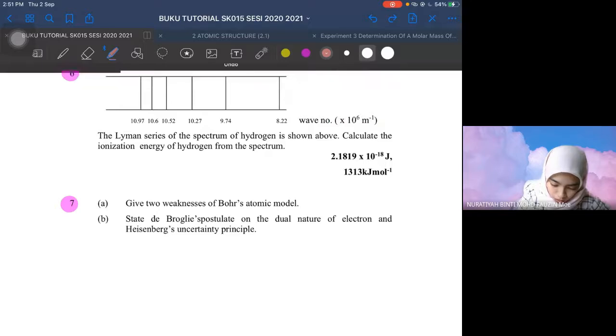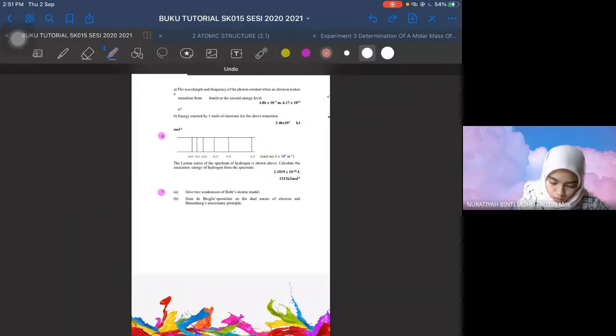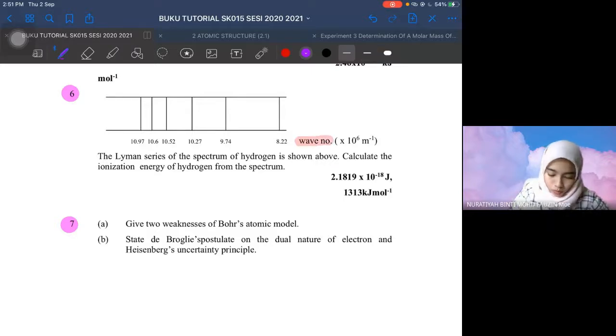So wave number is not the same as wavelength, okay? So wave number tu apa? Wave number is equal to 1 over your wavelength, your lambda. Alright? Okay. So how are we going to calculate the ionization energy of hydrogen from the spectrum?